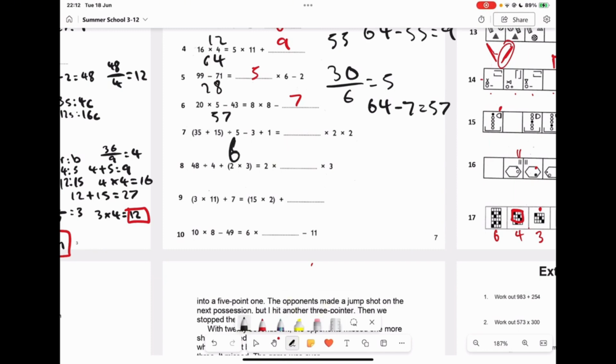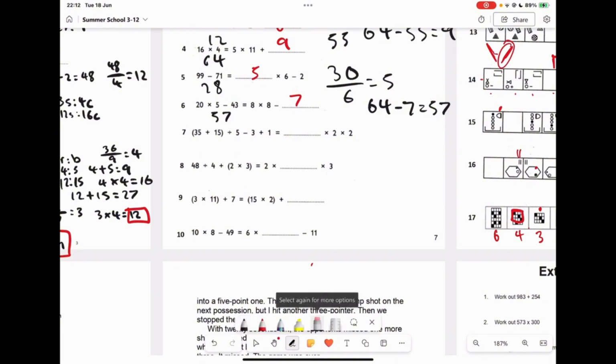Okay, so then something times 2 will equal 6. So what we're looking at here, or if we've done something wrong, we can see that 2 times 2 is 4. 35 plus 15.